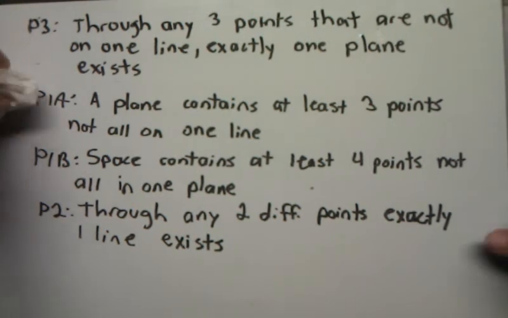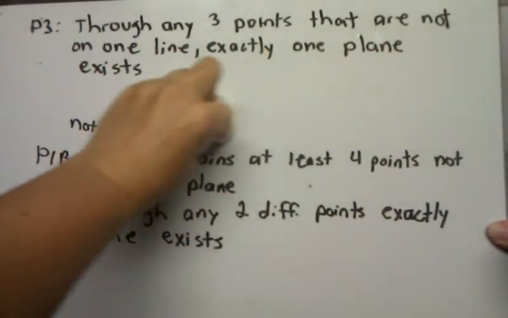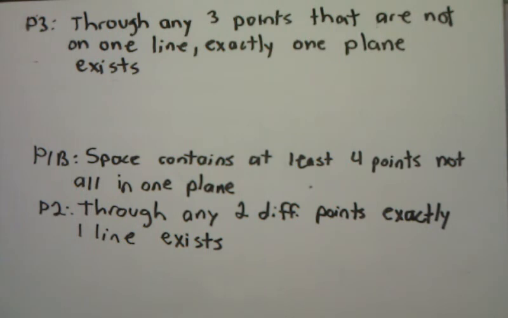Okay, postulate 4. Postulate 4 says if 2 points lie in a plane, the line containing them lies in that plane.